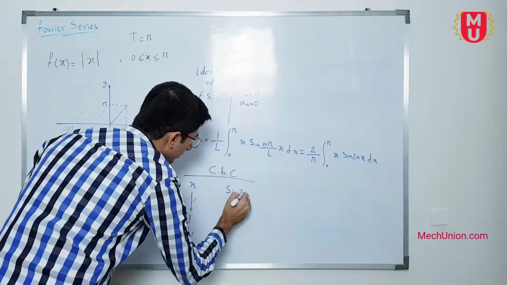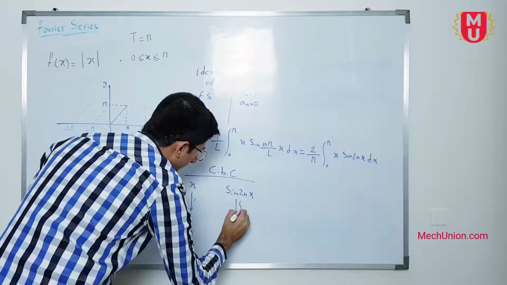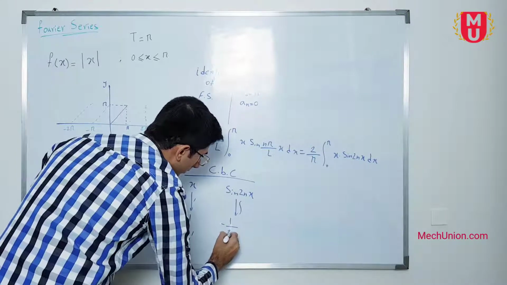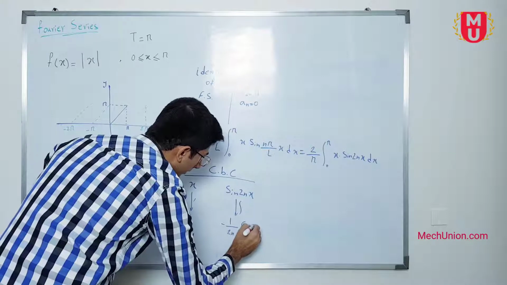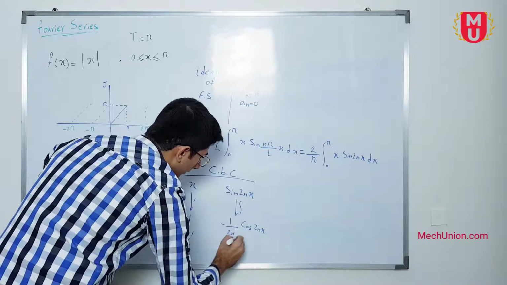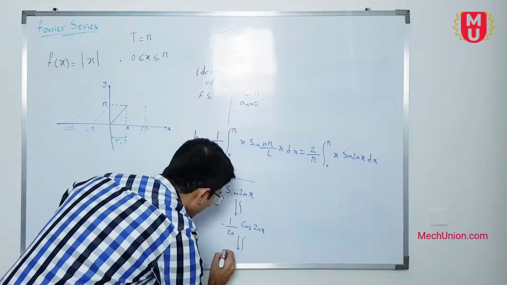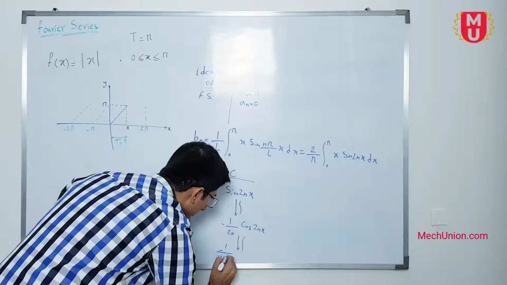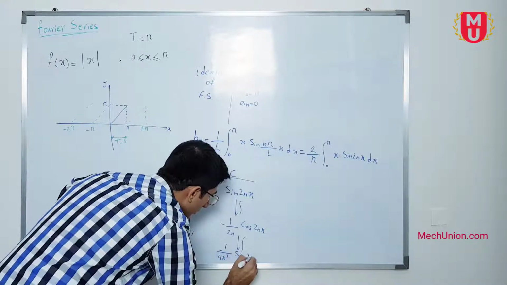Sine 2nx, minus 1 over 2n cosine 2nx, and minus 1 over 4n squared sine 2nx.